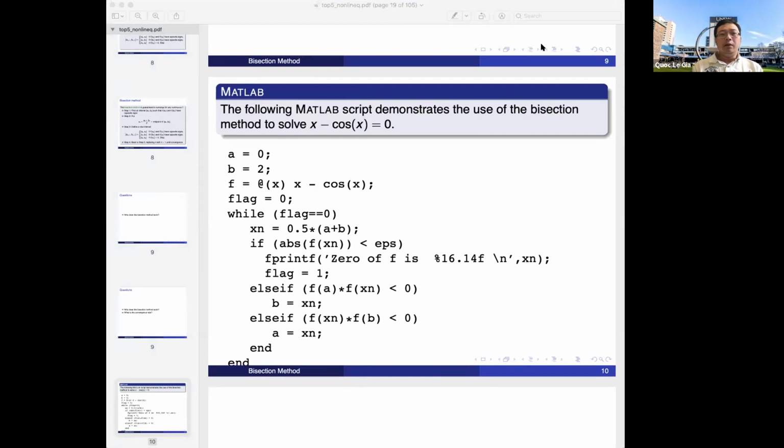let me run this for you. Let me move to the correct directory first before I share my screen. So we are going to see how it works.